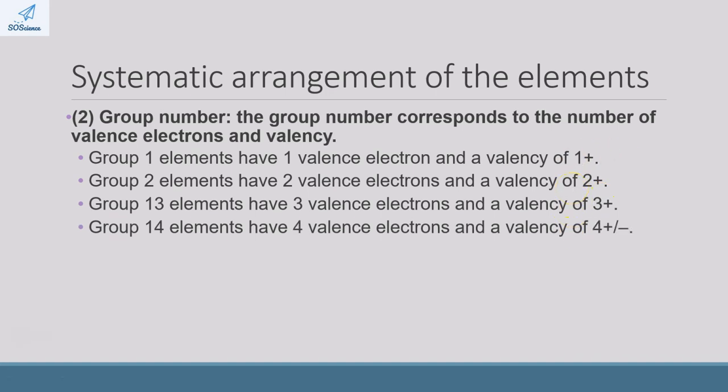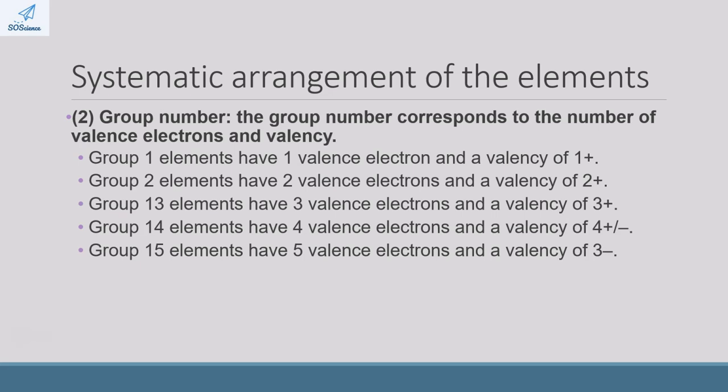Group 14, where carbon exists, have 4 valence electrons and a valency of 4 plus or minus, because remember, it takes the same amount of energy to gain 4 electrons as it does to lose 4. Group 15 elements have 5 valence electrons, so their valency is 3 minus.